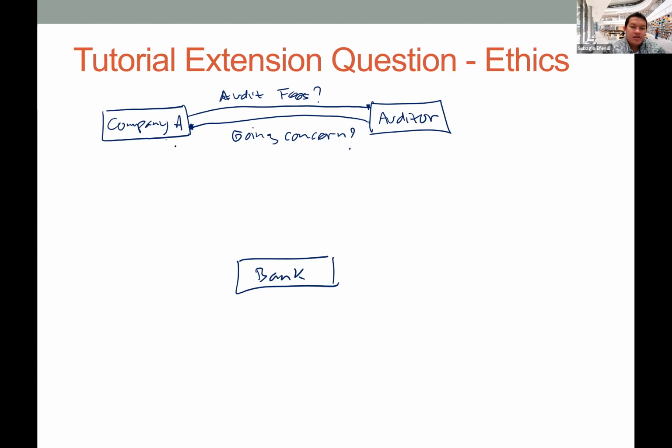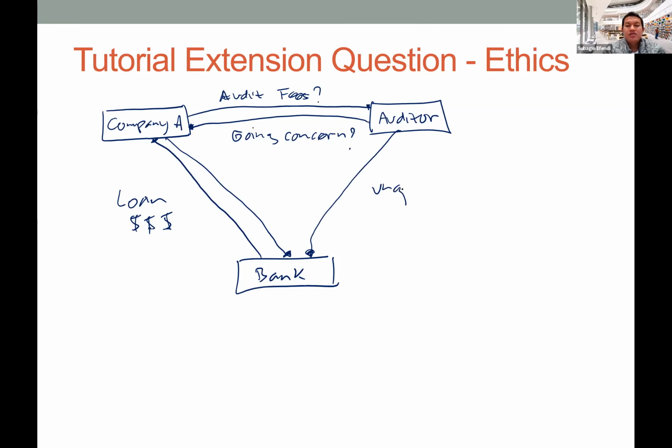The company requests some financing from the bank, and the bank is willing to give this company a loan, but the requirement is that the auditor should issue an unqualified opinion, which is saying that the company has followed the accounting standard and there's no problem with the going concern.